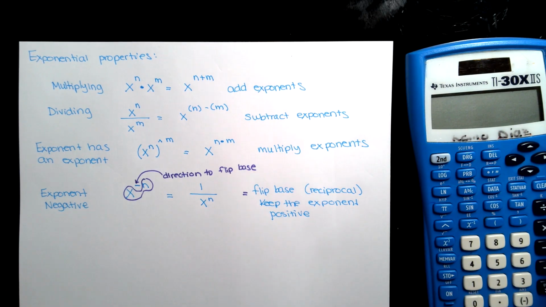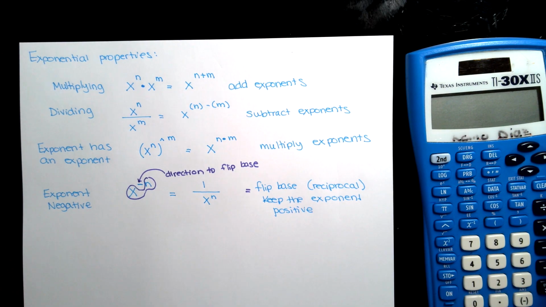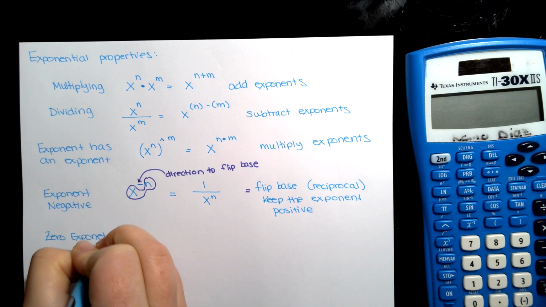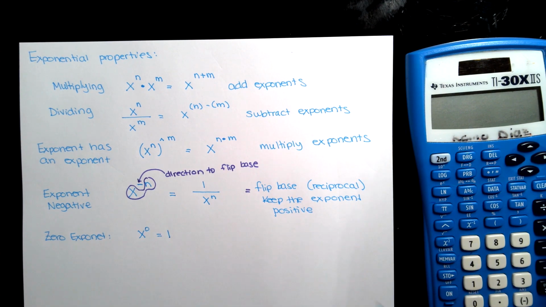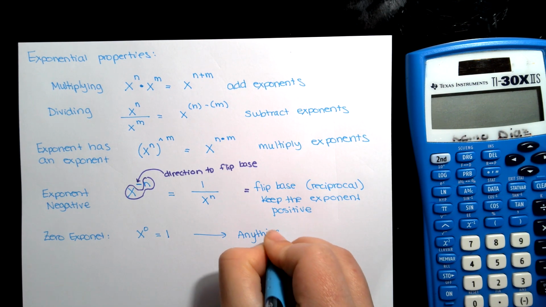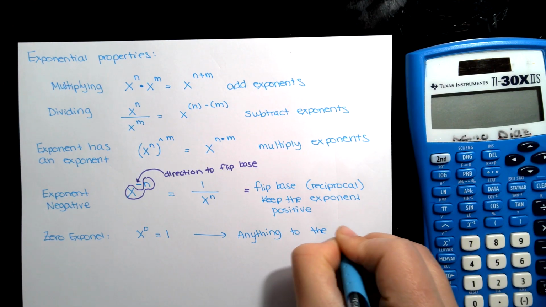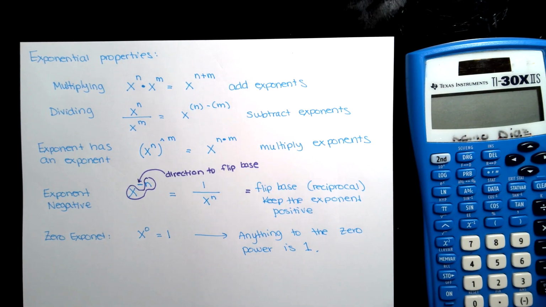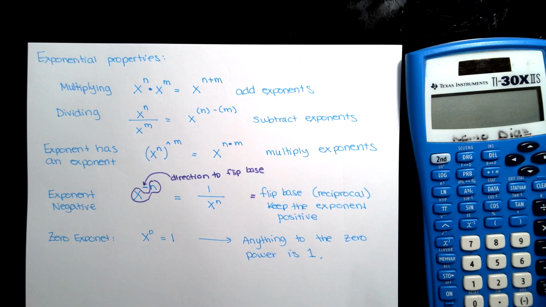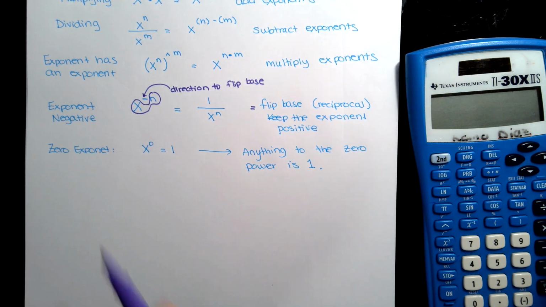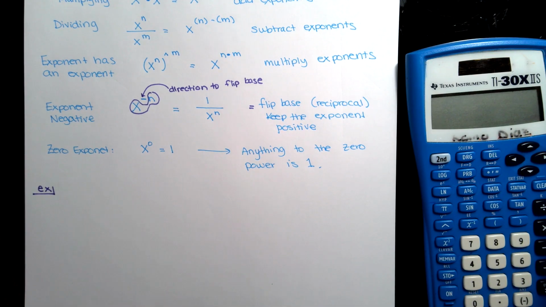So once you flip the base, you want to make sure to make the exponent positive. Next, we have the zero exponent. This is always 1. And this is anything to the 0 power. Is 1. So these are going to be the ones that you're going to be using. Let's go ahead and apply these properties to a question from Integrated Math 2, and then I'll show you what we're doing with it in Integrated Math 3.